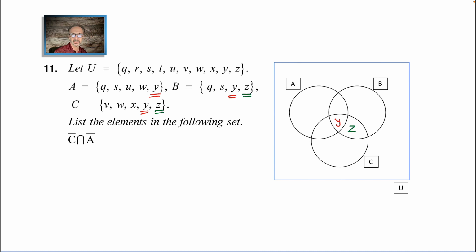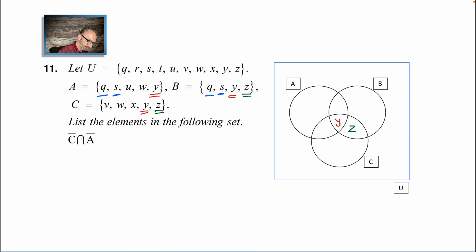So the concept here with Venn diagrams like this one, you want to start from inside out. Looking at A and B, we could notice that A and B have Q in common and they have S in common.